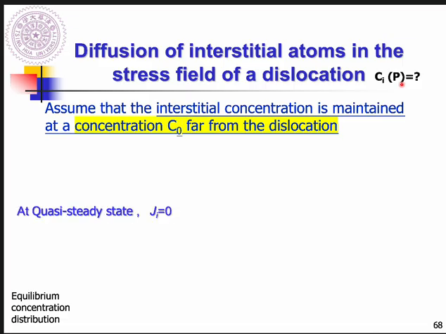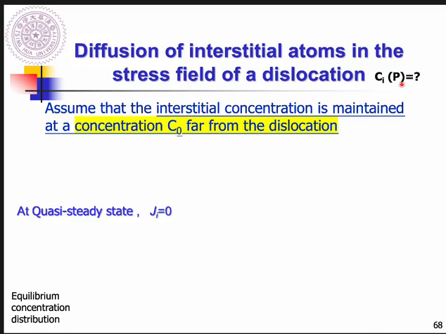So we need to think about that. When a system reaches steady state, it means that the net flux equals 0. So we need to imagine how many possible driving forces induce this atomic flux. Probably in your mind there will be two, right? The first one is the concentration gradient of this interstitial.